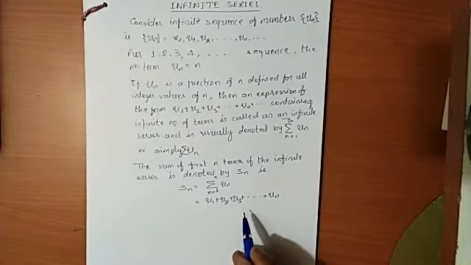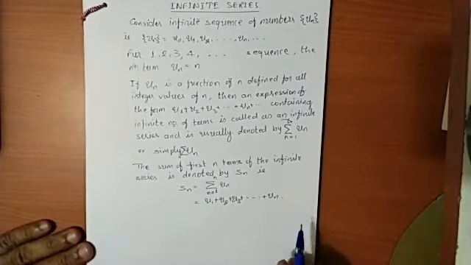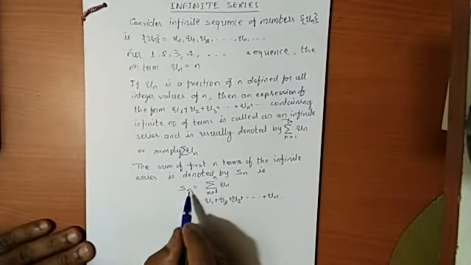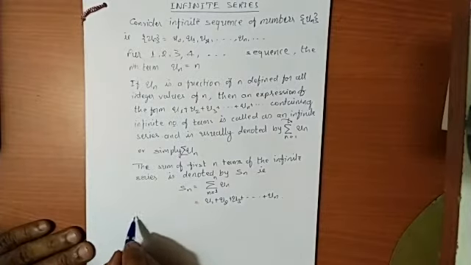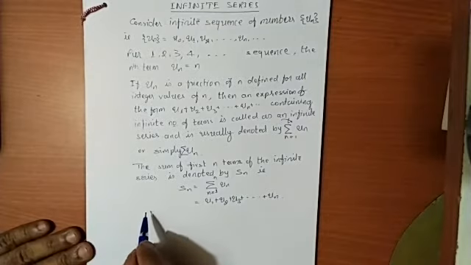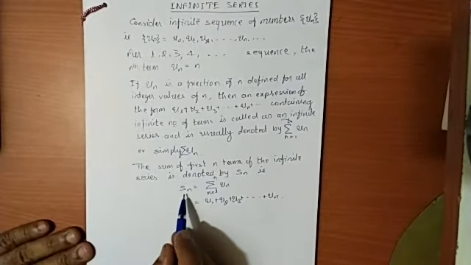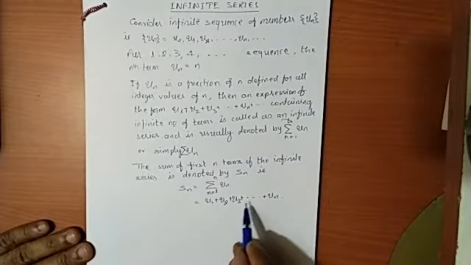Now, using this idea of the sum to the first n terms, we define the convergence and divergence of an infinite series.